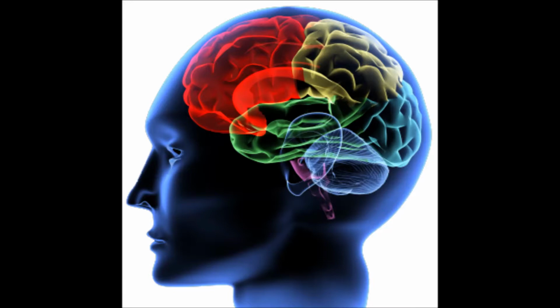And then overlying the diencephalon is this white area here. These are all the nerve fibers that are carrying information between the two cerebral hemispheres, and this is called the corpus callosum. So it's a bundle of nerve fibers carrying information from one cerebral hemisphere over to the other.